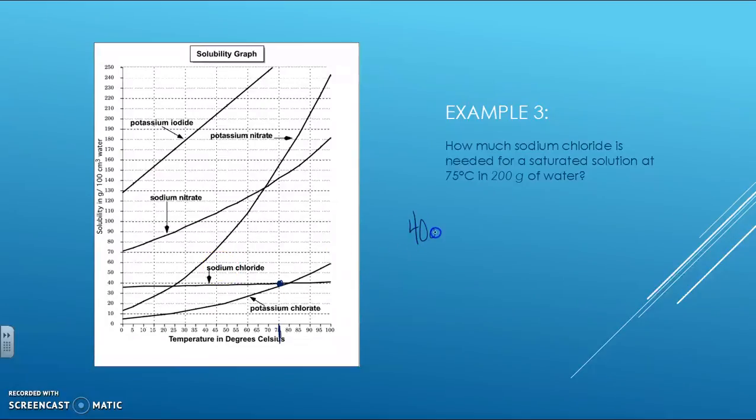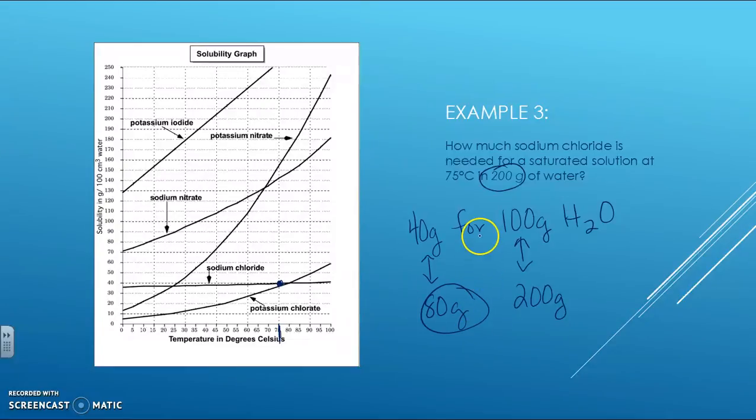But that's 40 grams for 100 grams of water. They want to know 200 grams of water. So if I need to double this and it becomes 200 grams, what do you think I have to do with this? Well, if you said double it, you're right. So 80 grams of sodium chloride in a 200 gram sample of water.